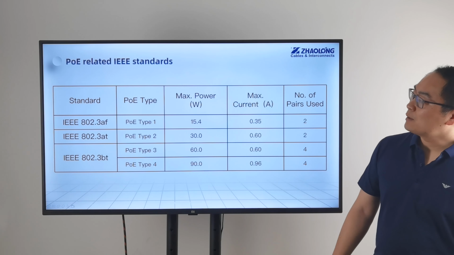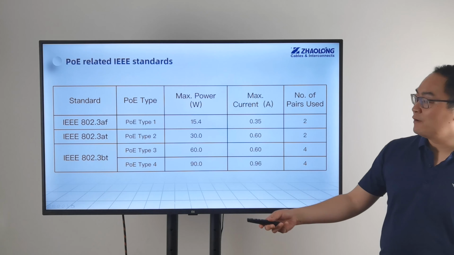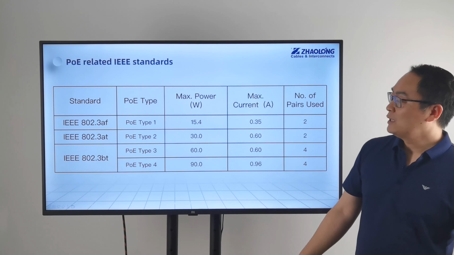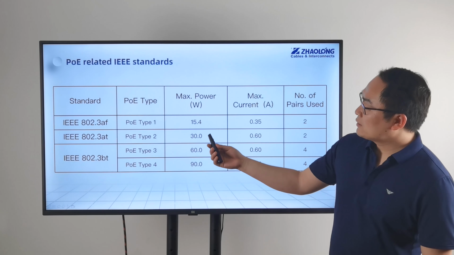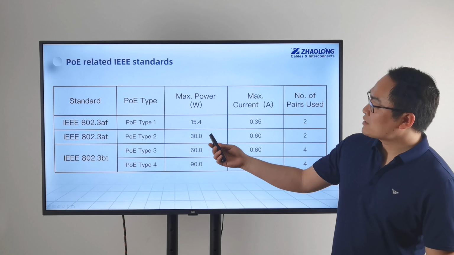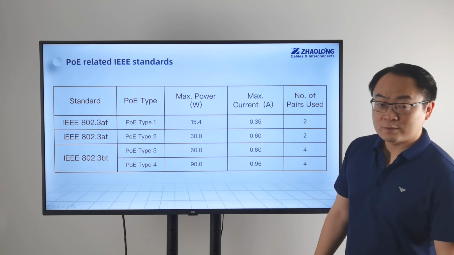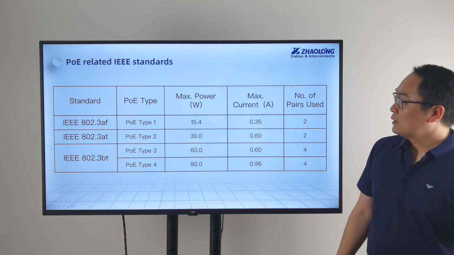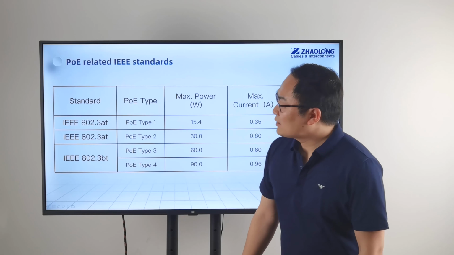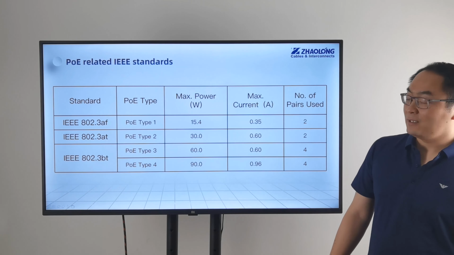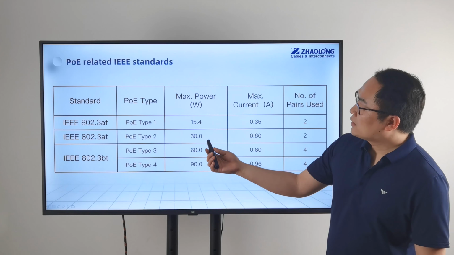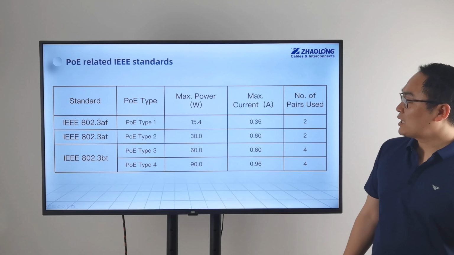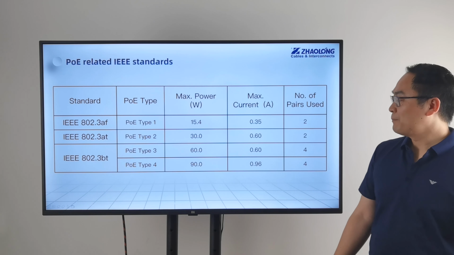Now for the POE standard, the first standard is IEEE 802.3af. In this standard, they define the POE system up to 15 watts of power with 350 milliamp current. The next standard is IEEE 802.3at. In this standard, the maximum power is raised up to 30 watts and the maximum current is 600 milliamp.